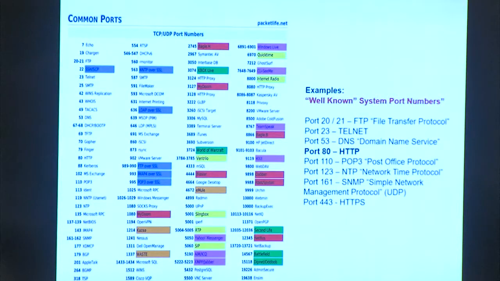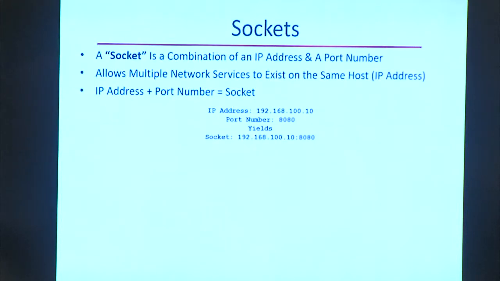So when we create a socket by taking an IP address and putting a port number with it, we've created a socket. So a socket is a combination of an IP address and a port number, and the port number is separated now with a colon.